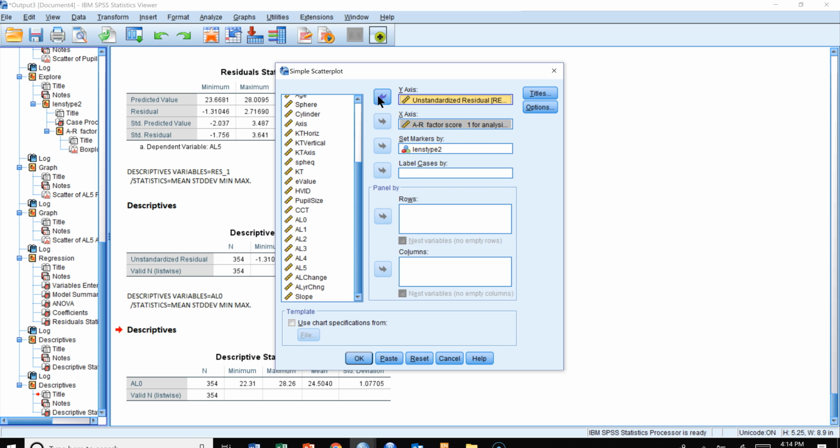Because remember, the residual is the variability that's left over after we've taken out the initial axial length. So we want to see, can we still account for some variability after we have removed this baseline, which was so correlated with the follow-up here. Let's see what we get.